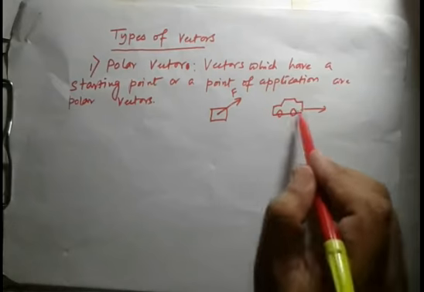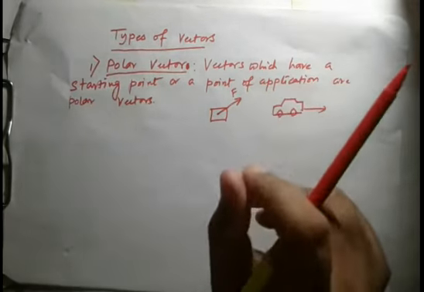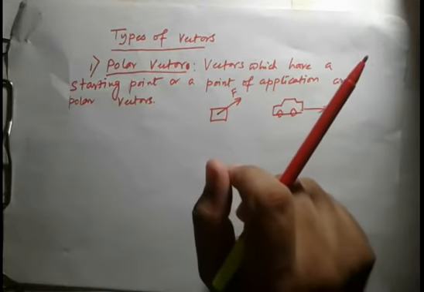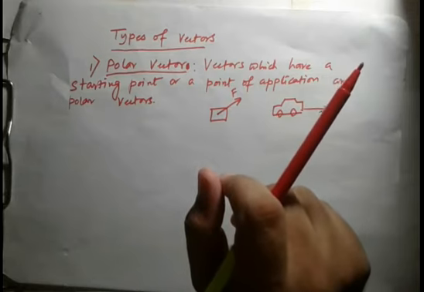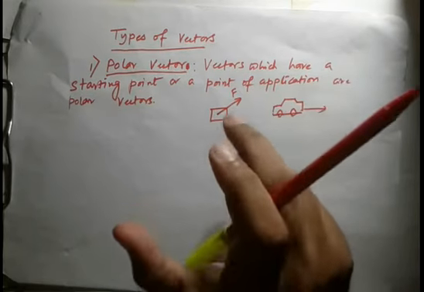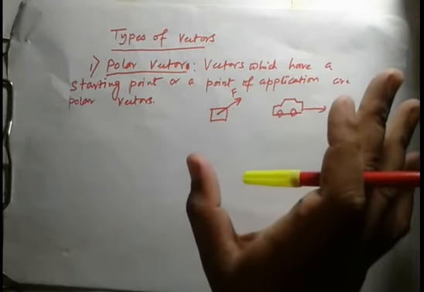So we have the same starting point. That's also called a polar vector. We know where the vector started. That is the main thing I want to tell you. Another example that I am going to read out: a vector quantity whose direction is along the direction of motion of the body or the particle is also known as a polar vector.